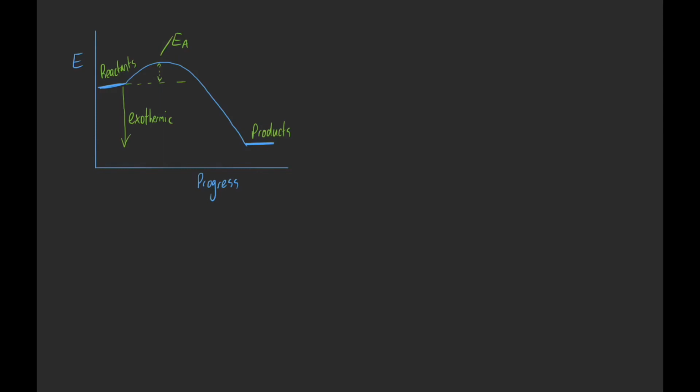And we have an activation energy even if the reaction is endothermic, even if our products are actually ending up in a higher energy state than our reactants. So let's draw another pair of axes. Again, we have energy on the y-axis and progress on the x-axis.